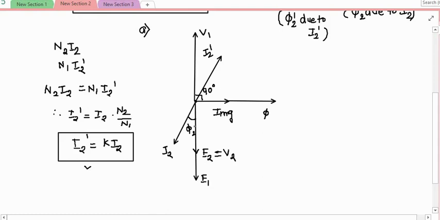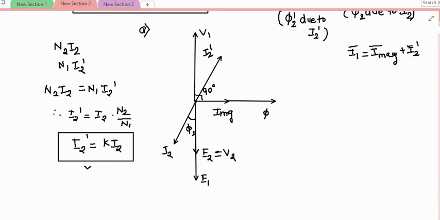What is I2 dash? It is nothing but the load component of the secondary current. Now there are two currents in the primary. So the current in the primary, let it be I1, is nothing but the vector sum of your I magnetizing and I2 dash.